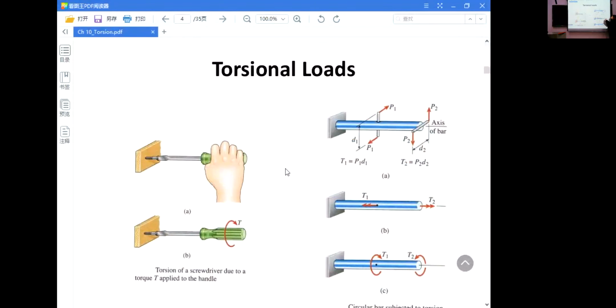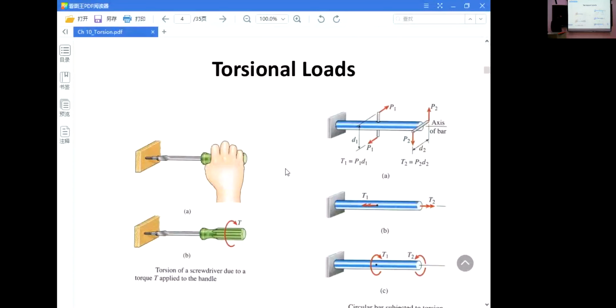We have two ways to denote it: one is an arrow, one is a bent arrow.